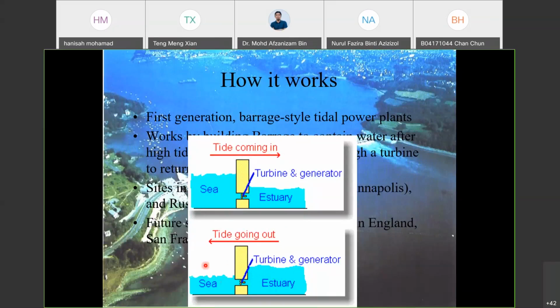So this movement will last long since we have the sun and moon to have this kind of behavior. So it's quite consistent in terms of producing power.